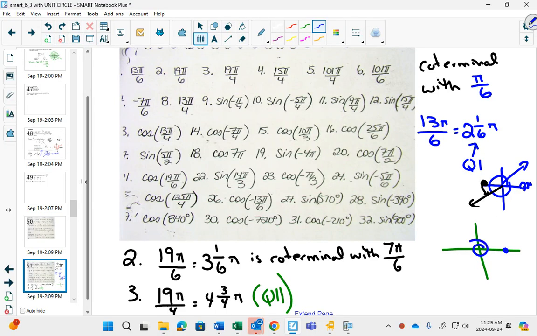Once, twice around, 3, 4, and then if you go 3/4, that's going to end in quadrant 2. So we can write that this is coterminal with, what's our pi over 4 family in quadrant 2? 3 pi over 4.